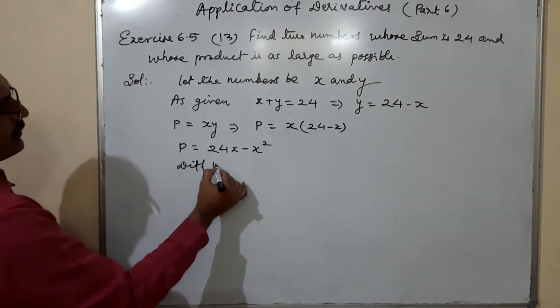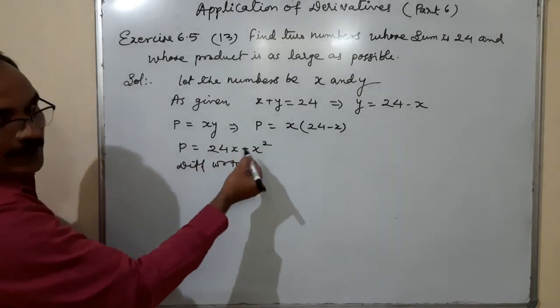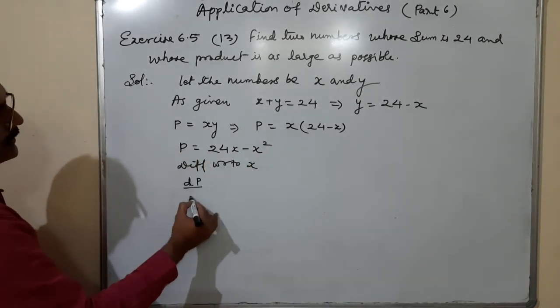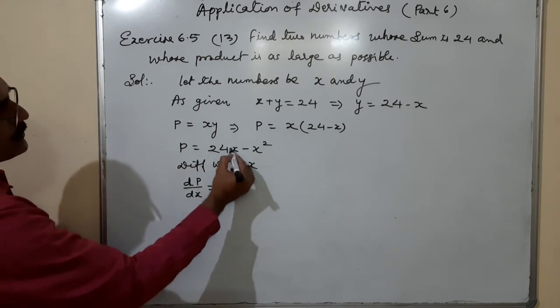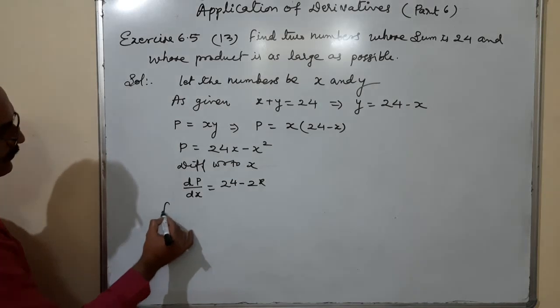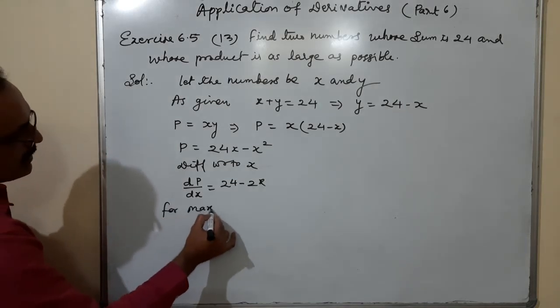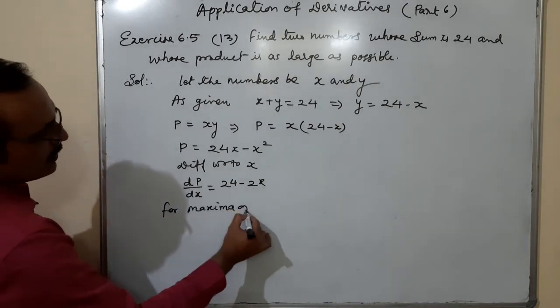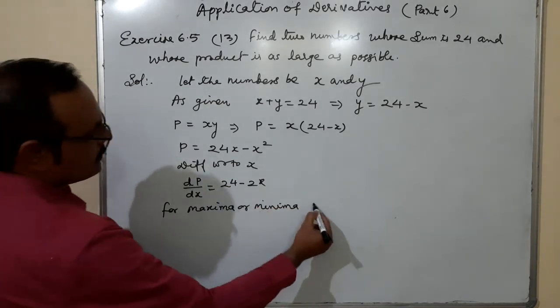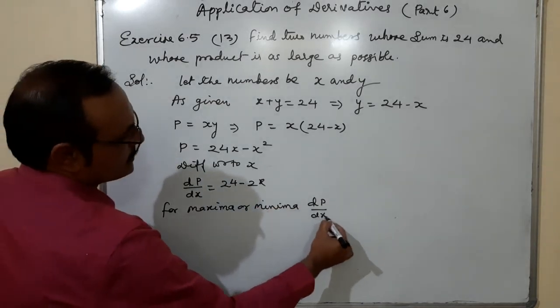Okay. Differentiate with respect to the one variable here, that is x. So what to write here? dP upon dx is equal to 24 minus 2x. For maxima or minima, what we have to do? dP upon dx is equal to 0.